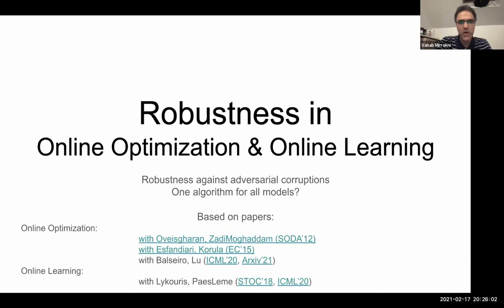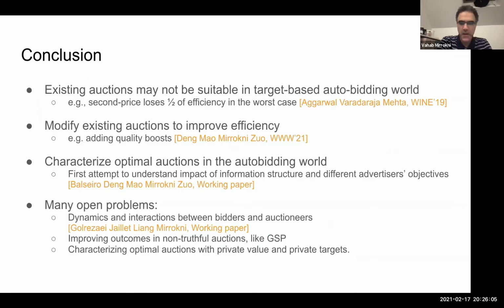So before moving on to this next section, I'm wondering if you want to take one question, Santiago. Yes, thank you, Vahab. I think there's one clarifying question and then one high-level question. So here we have John Turner asking about this informational assumption.